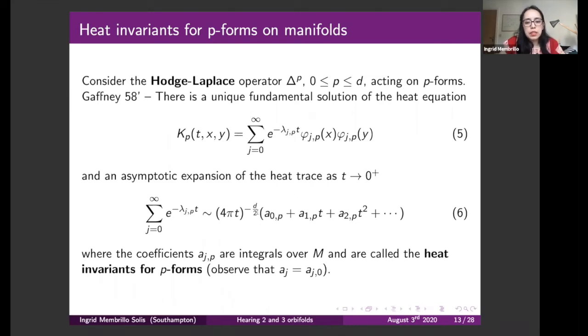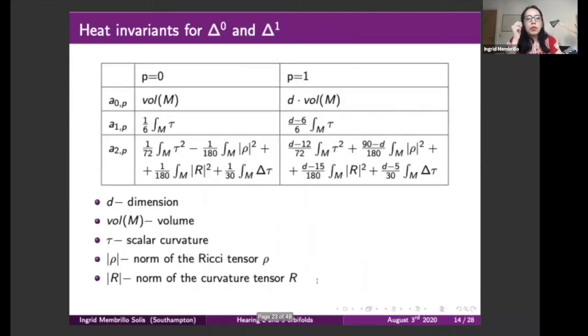Here d is the dimension of the manifold. And again, these coefficients are integrals over M and are called the heat invariants for p-forms. Here we just have to remember that zero-forms are just functions. So the a_j that I showed before for the Laplace-Beltrami operator coincides with a_{j,0}.